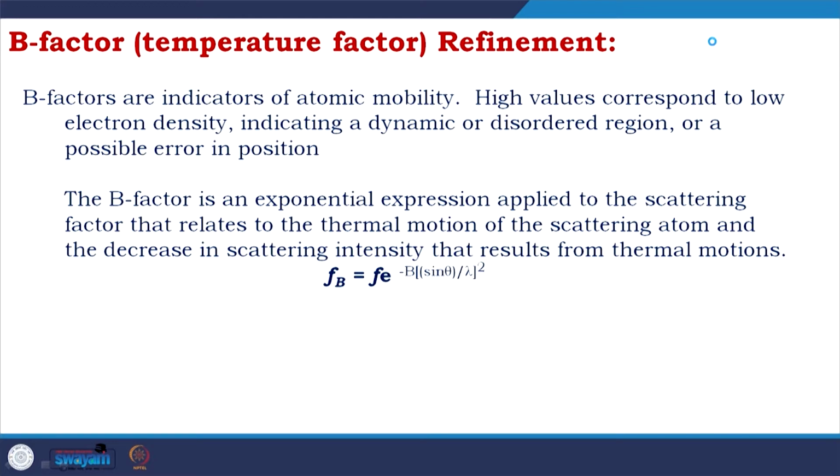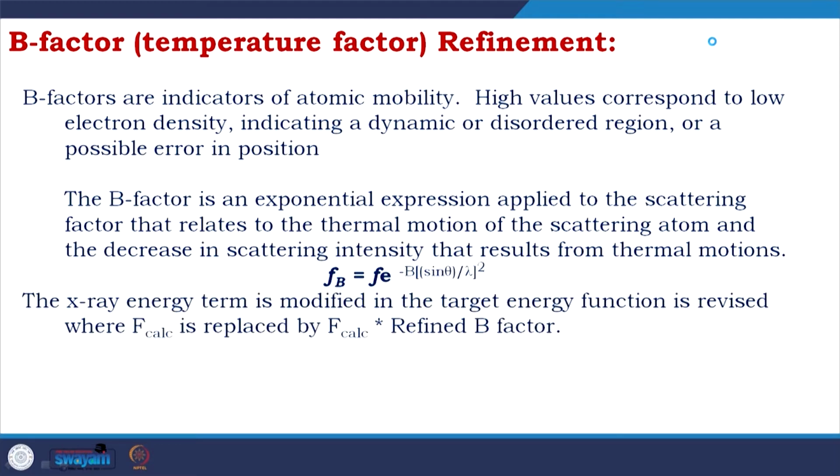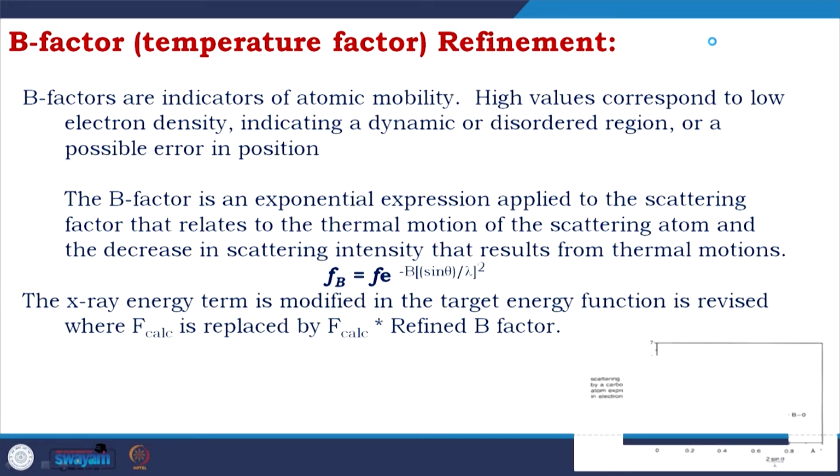The formula is Fb equal to F e to the power minus B sin theta by lambda whole square, where Fb is the modified scattering factor with B the temperature factor. The X-ray energy term is modified, the target energy function is revised, where F calc, the calculated structure factor, is replaced by F calc star with the refined B factor.